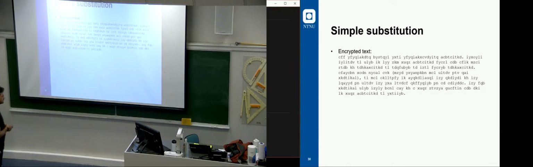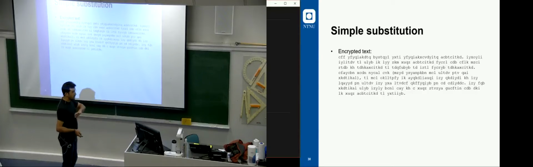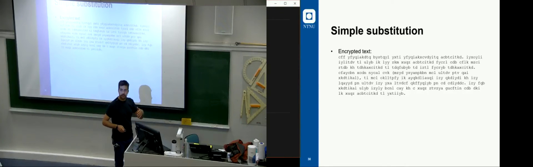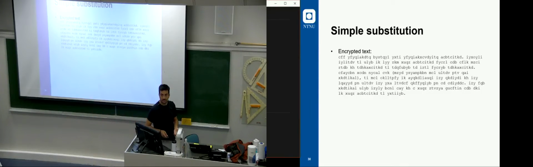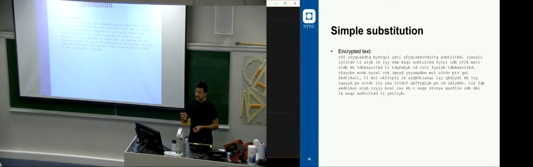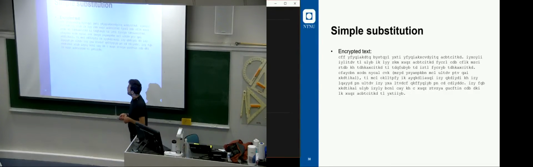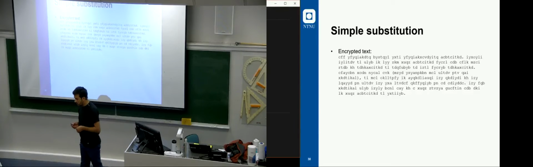Substitution methods simply use other letters instead of the plain text, but it will be text only. So this is the encrypted text that I want you to give a try and see if you can figure out what this is.